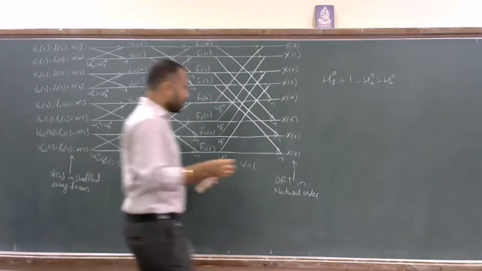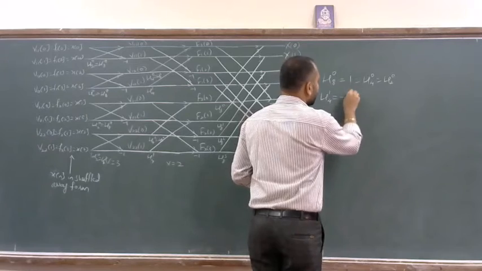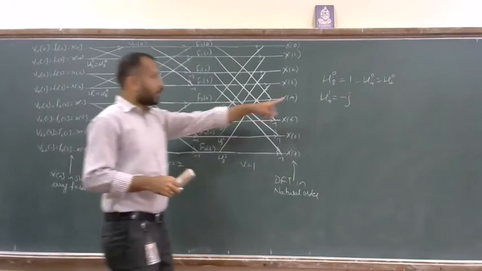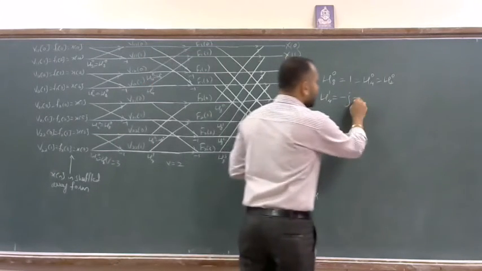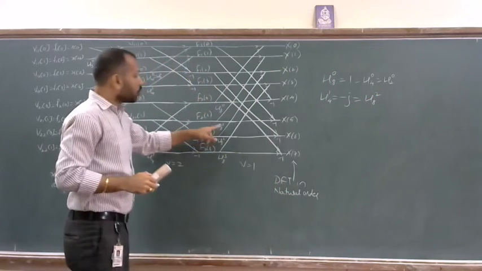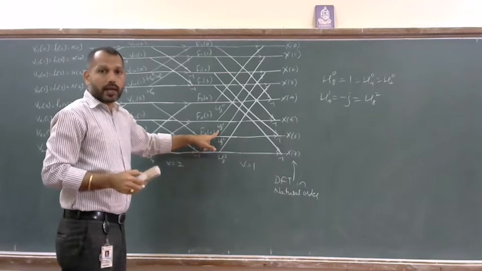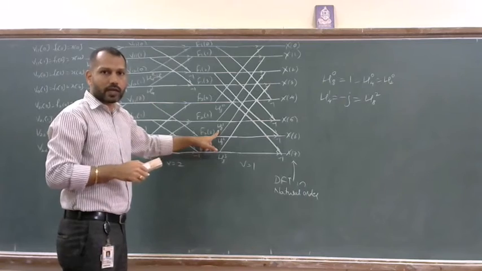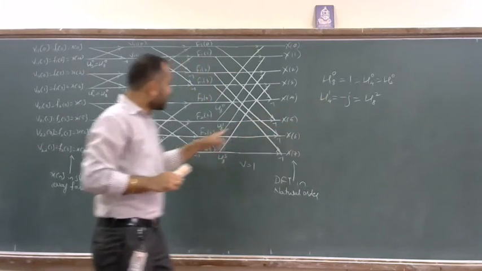And likewise, what is the value of W41? W41 is minus j. That same value we will get for W8 as well, and it will be equal to W82, because W81 is 1 by root 2 minus j 1 by root 2, and W82, if you remember the complex plane that we had drawn in the first module, will be equal to minus j.